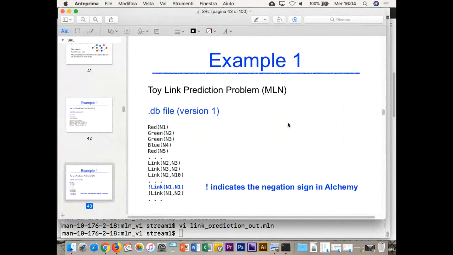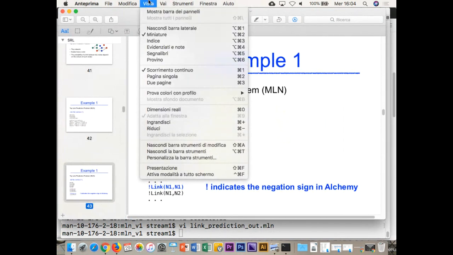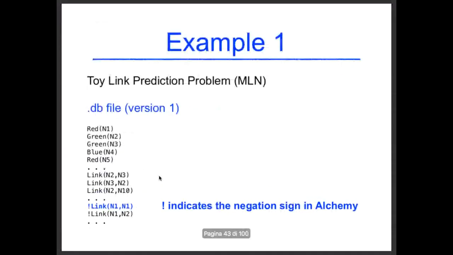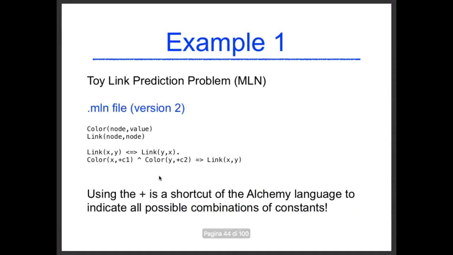So if we go back here, there is also another possibility, version 2 of the MLN, which encodes the colors differently.